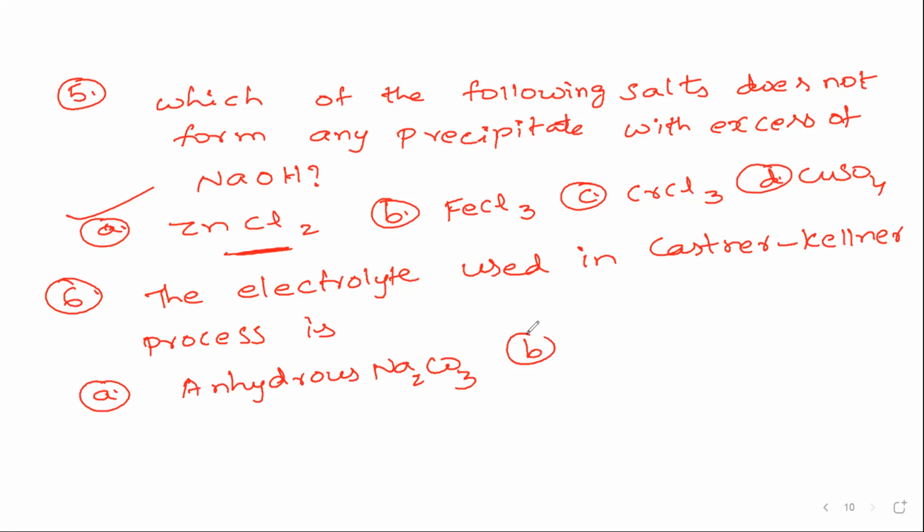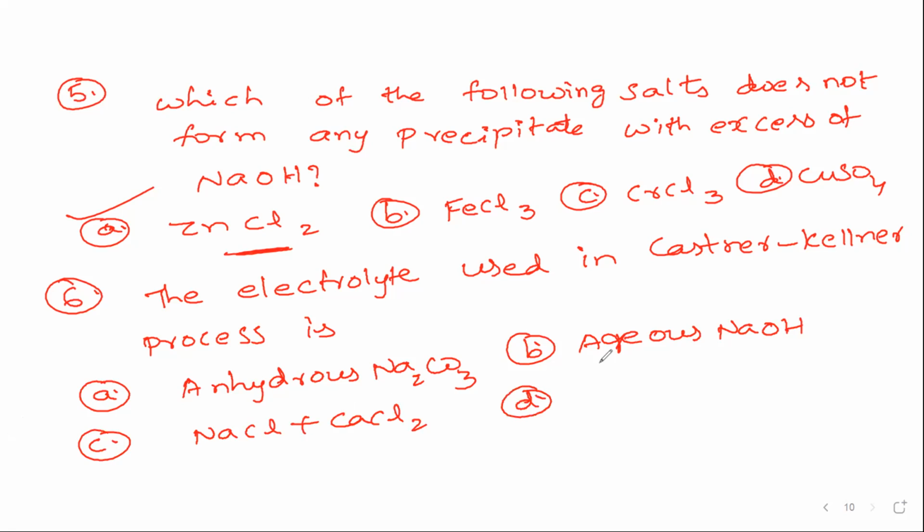Option B, aqueous NaOH. Option C, NaCl plus CaCl2. And option D, we have fused anhydrous NaOH.